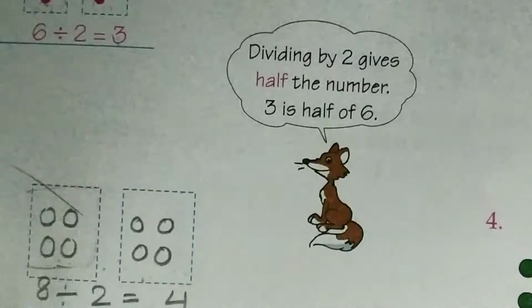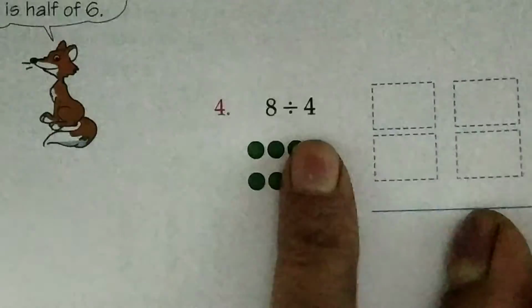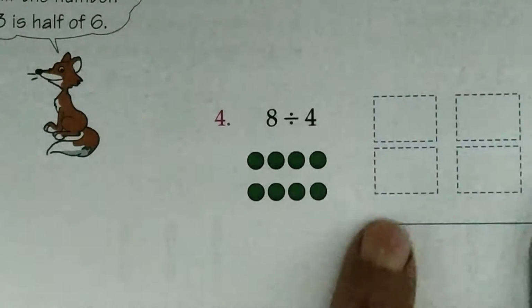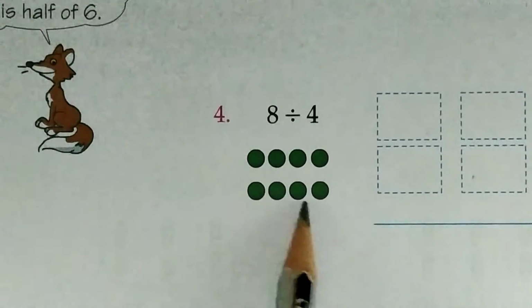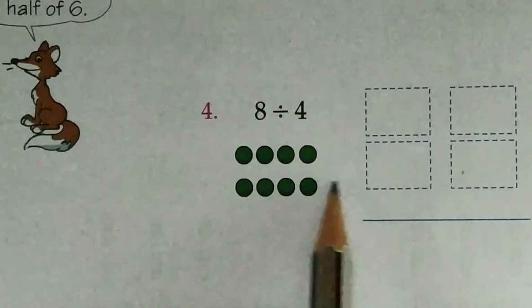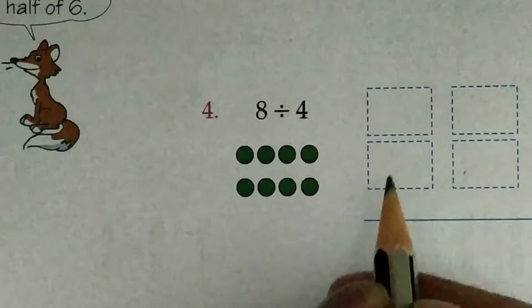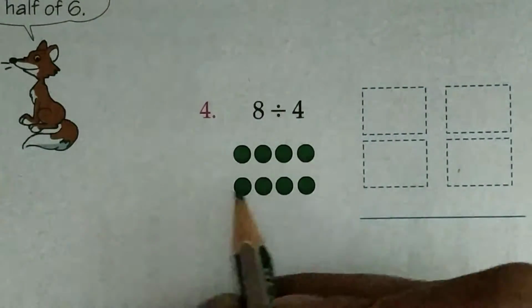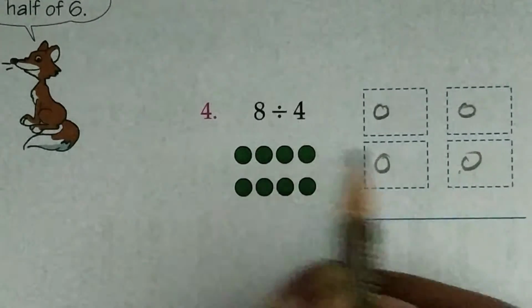So let's see another example. Here it is also 8, but here it is 8 divided by 4. It means we have 4 columns and we put 8 balls in 4 columns equally. So we got 1 1 1 1. Okay, now 4 is completed.